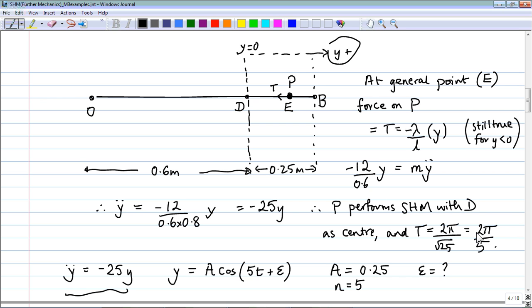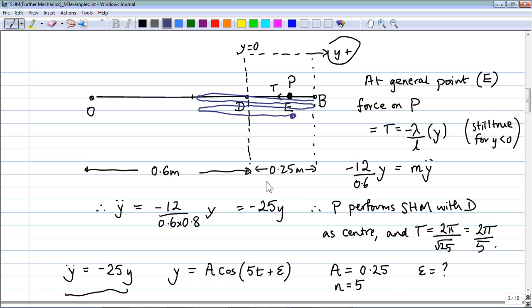So after 2 seconds, we've almost completed 2 periods. Now remember, a period means we go all the way to here, then all the way back. That's a whole period. Now this is almost 2 whole periods, so it actually means we're going to go all the way back and then all the way to maybe here or something like that.